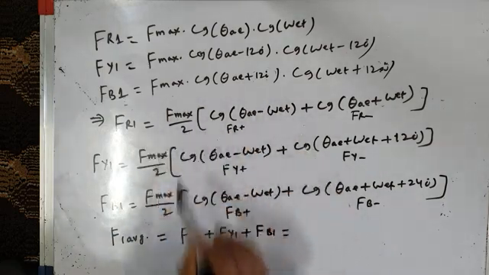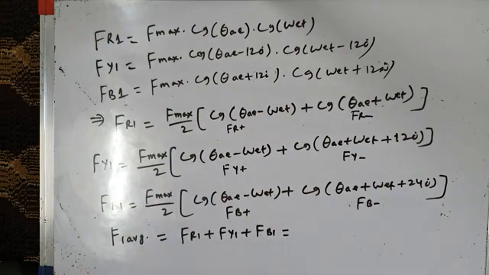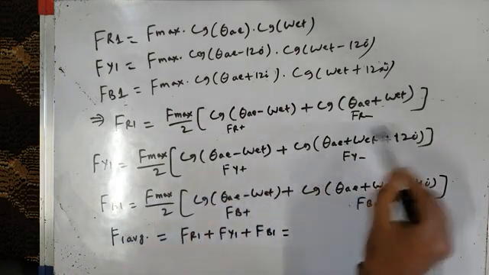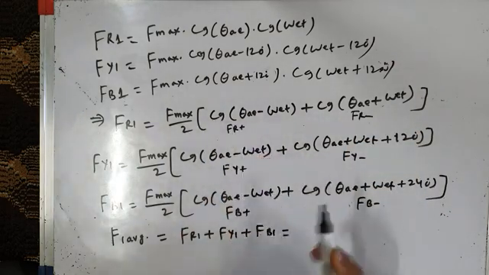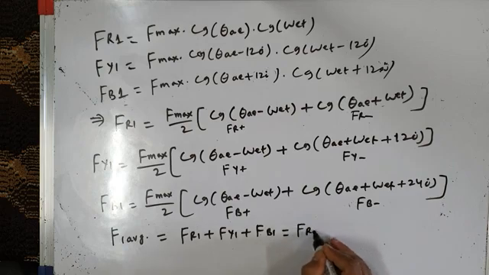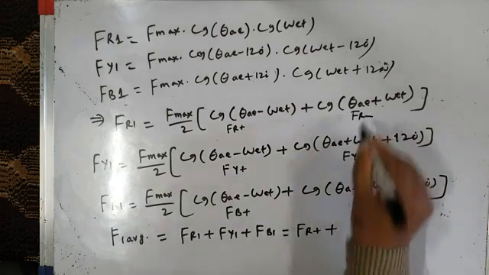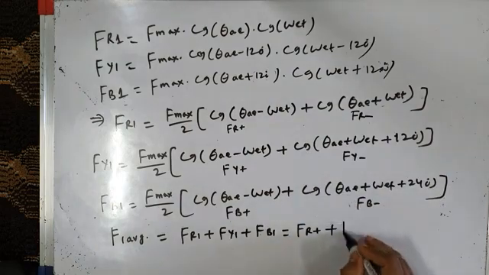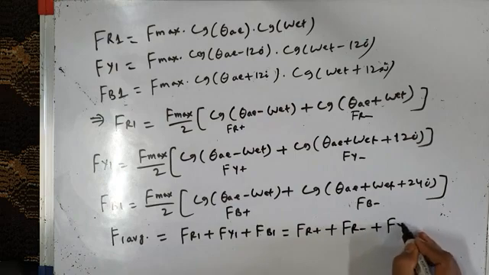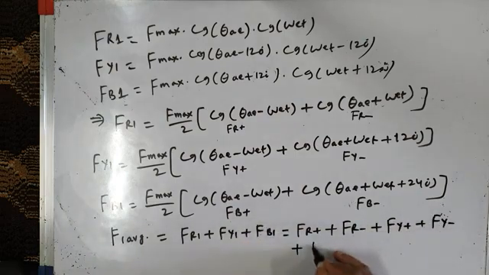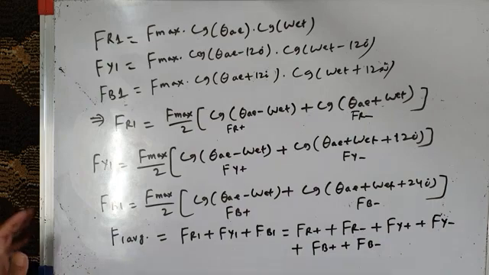These are pulsating magnetic fields, all three, but we have already resolved them into clockwise and anti-clockwise rotating components. So this is the clockwise revolving component, FR plus, and this is the counterclockwise revolving component, FR minus. Similarly, plus FY plus, FY minus, plus FB plus, FB minus. I can also write it like this.